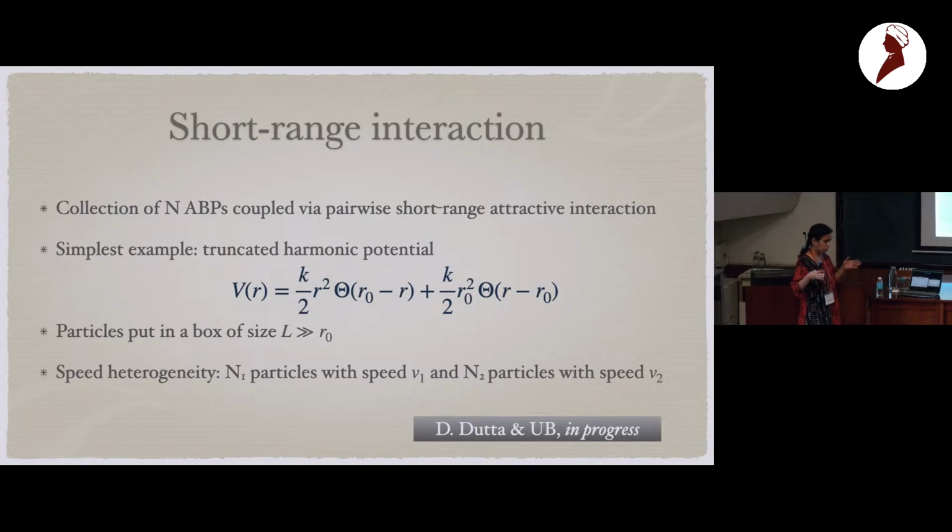So that the system reaches a stationary state, we put the whole system in a box of size much larger than the interaction range. Particles within this distance see each other; if they are outside this distance, they don't. Again, to take the simplest case, we take n1 particles with speed v1 and n2 particles with speed v2.